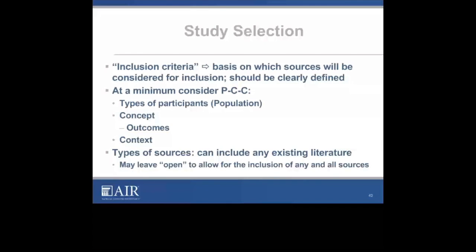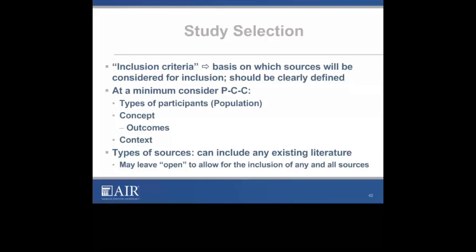All right, study selection. Having at least some vaguely developed inclusion criteria would be good. It forms the basis on which the sources will be considered for inclusion and should be clearly defined. Again, we are shooting for at least some degree of transparency and replicability.